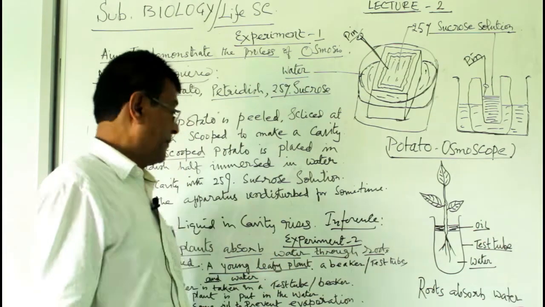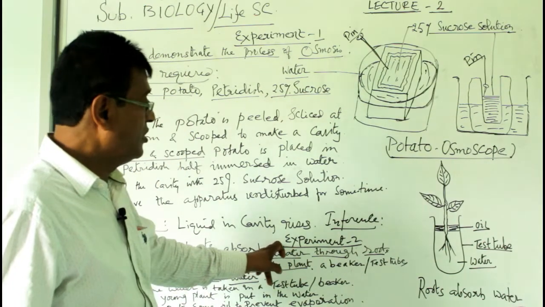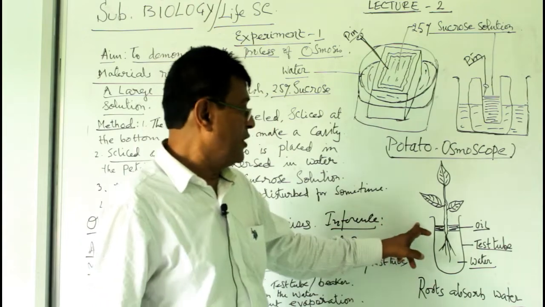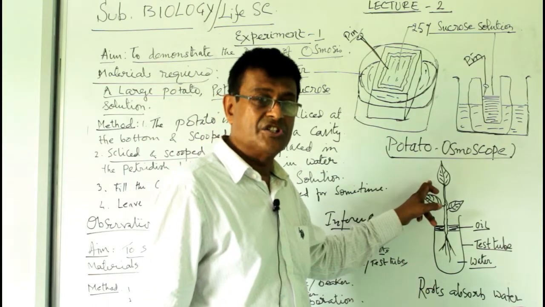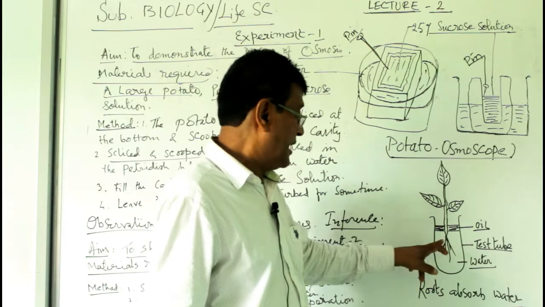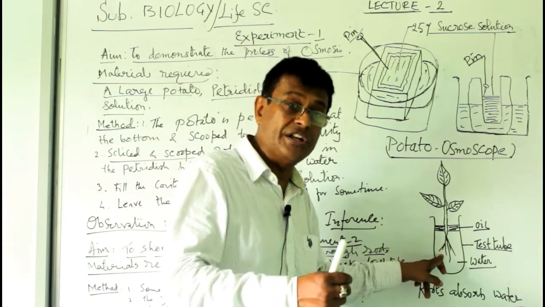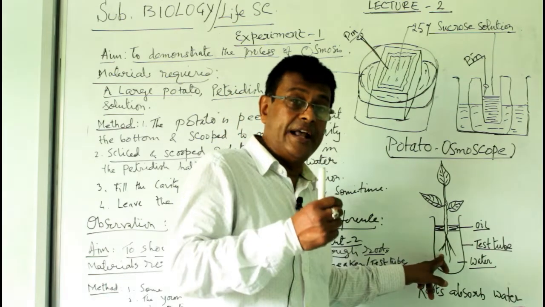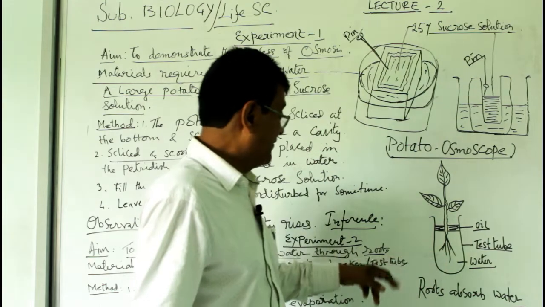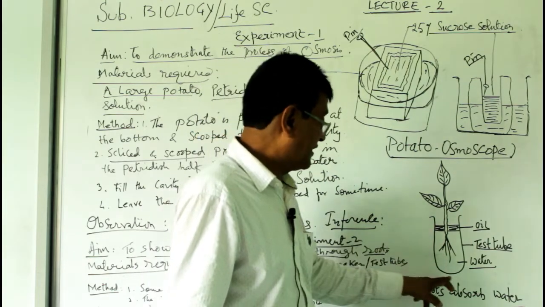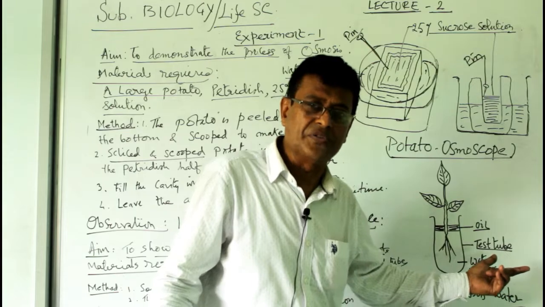Now, one more experiment. Experiment number 2, where you see we can take the materials required: one small plant sapling, along with the root. You should take it out of the soil and wash it nicely, keeping the roots intact. And then put it inside a test tube, or you can use a beaker also.